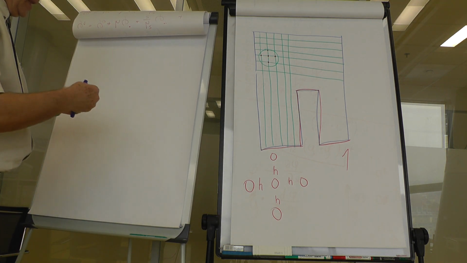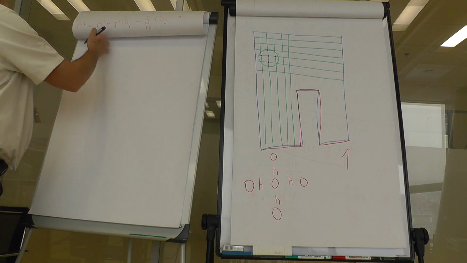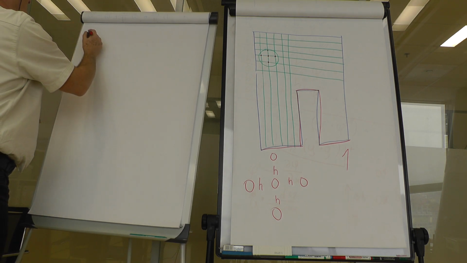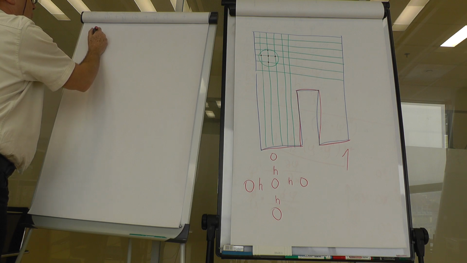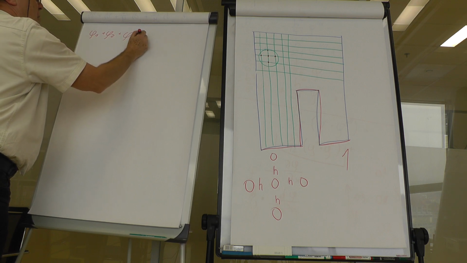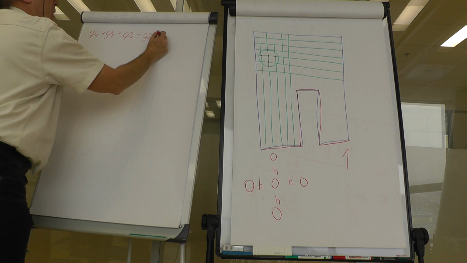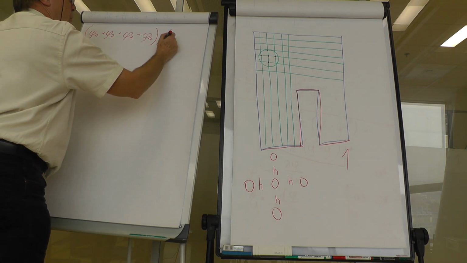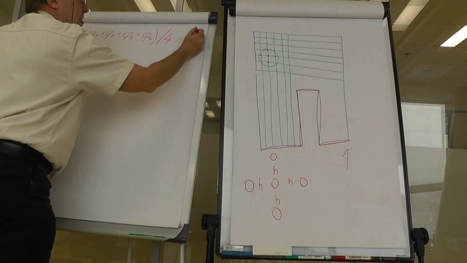Now we have phi 1 plus phi 2 plus phi 3 plus phi 4 divided by 4, which is the average.